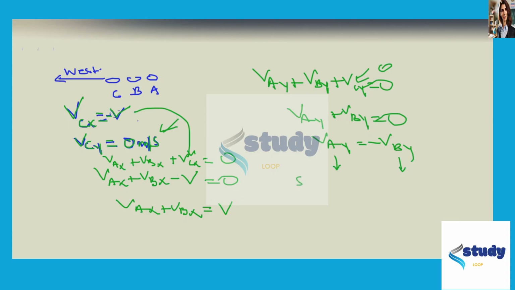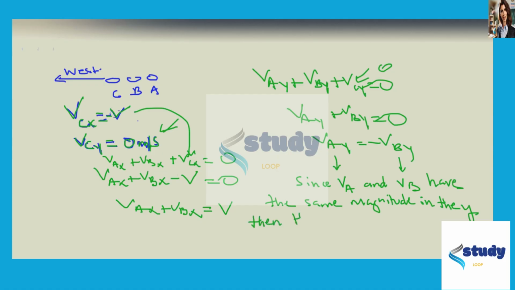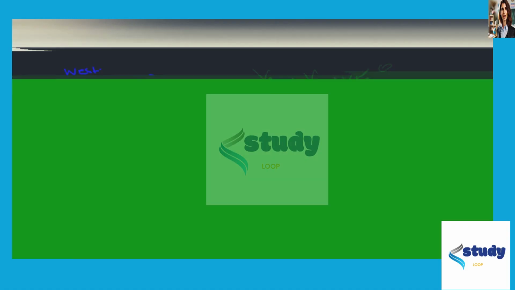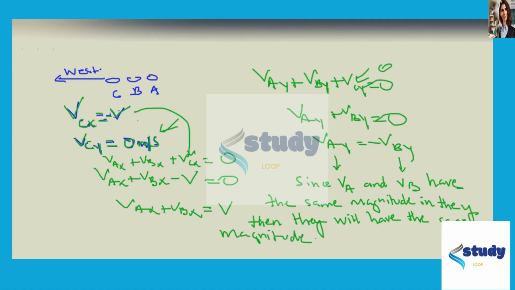So since Va and Vb have the same magnitude in the y, then they will have the same magnitude in the x.